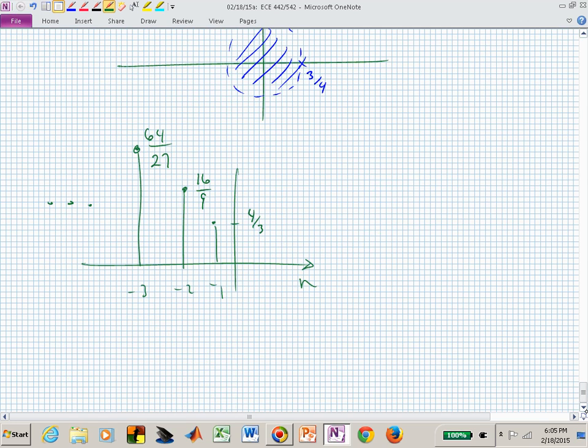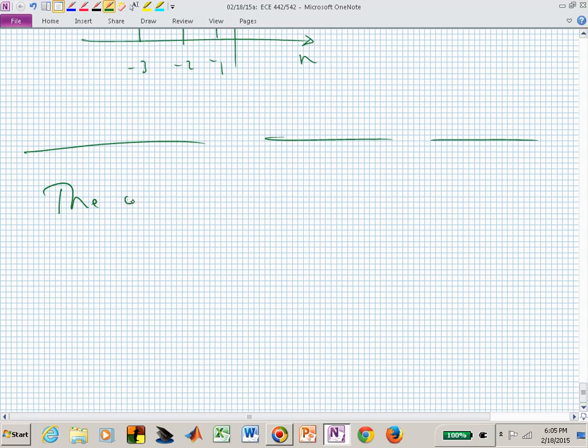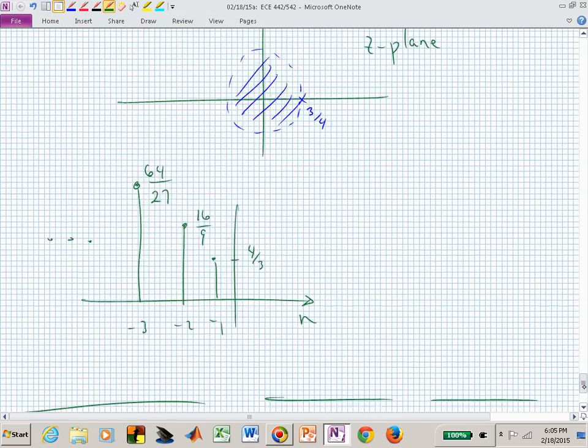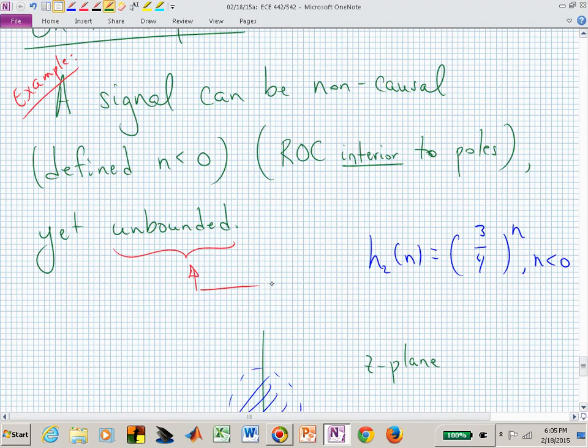And we can have the other two cases. These two cases were both unbounded, weren't they? In this case, we need for z to be unbounded. Well, maybe I should go the other direction. To be unbounded, we needed the poles inside the unit circle.